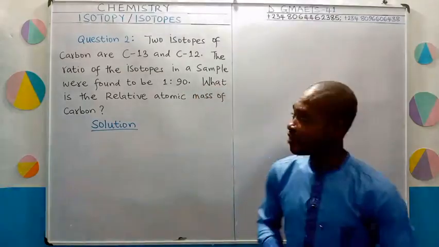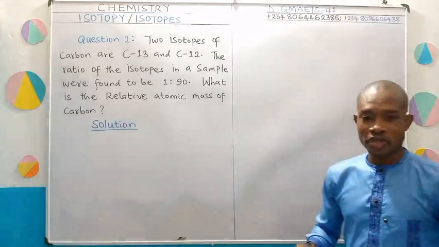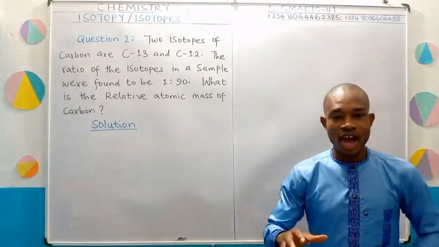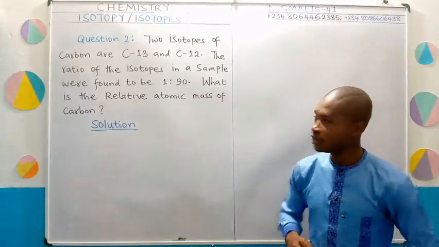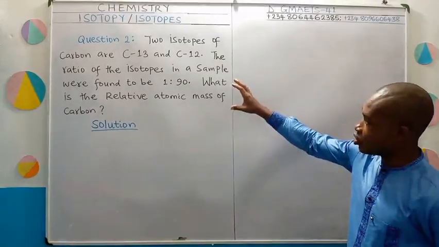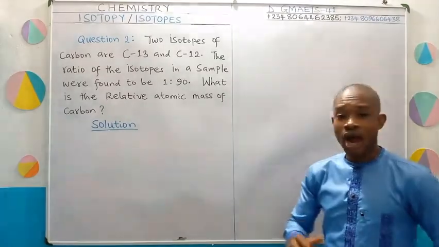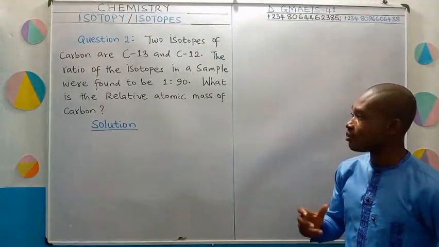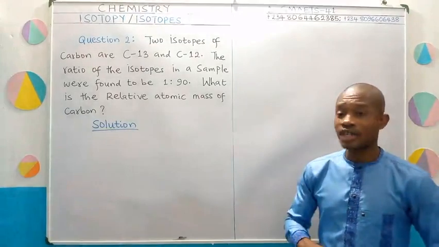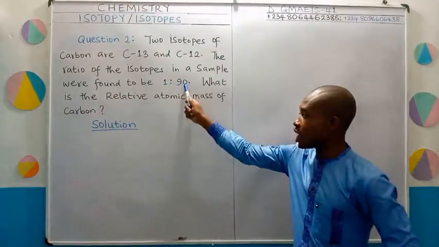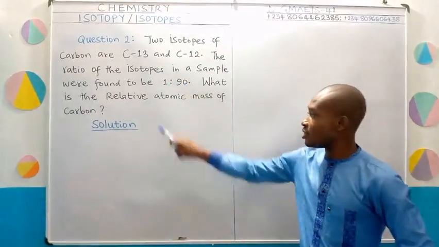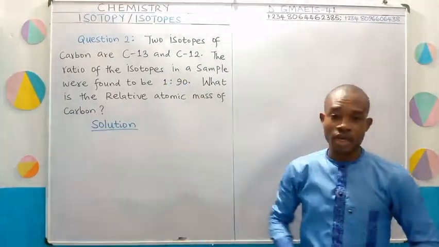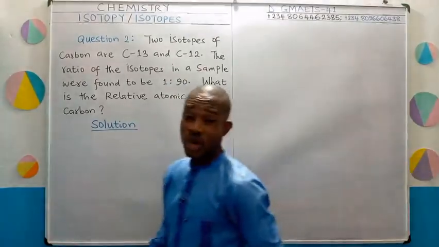Here on the board we have this question that we're going to solve to help us know how to handle such problems. Let us look at the question, please. Two isotopes of carbon are carbon 13 and carbon 12. The ratio of the isotopes in a sample were found to be 1:90. What is the relative atomic mass of carbon? So let us see how we solve this question.